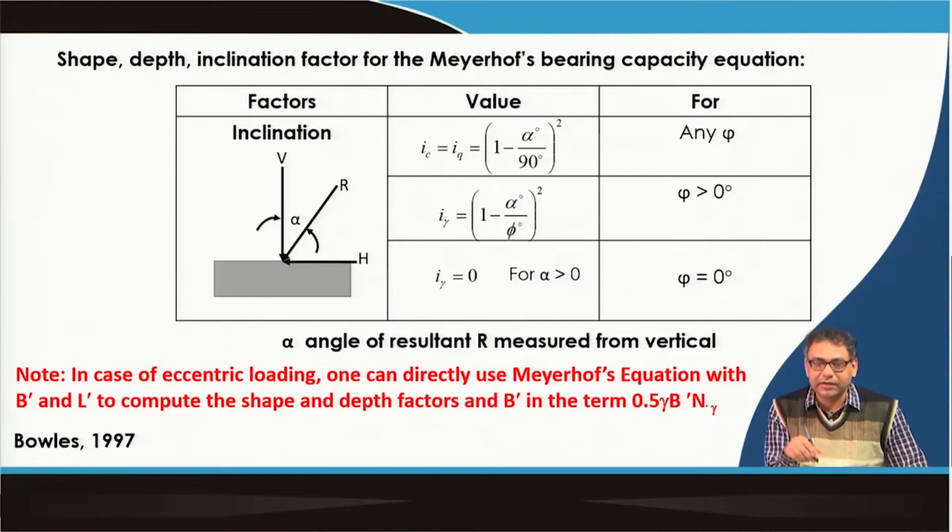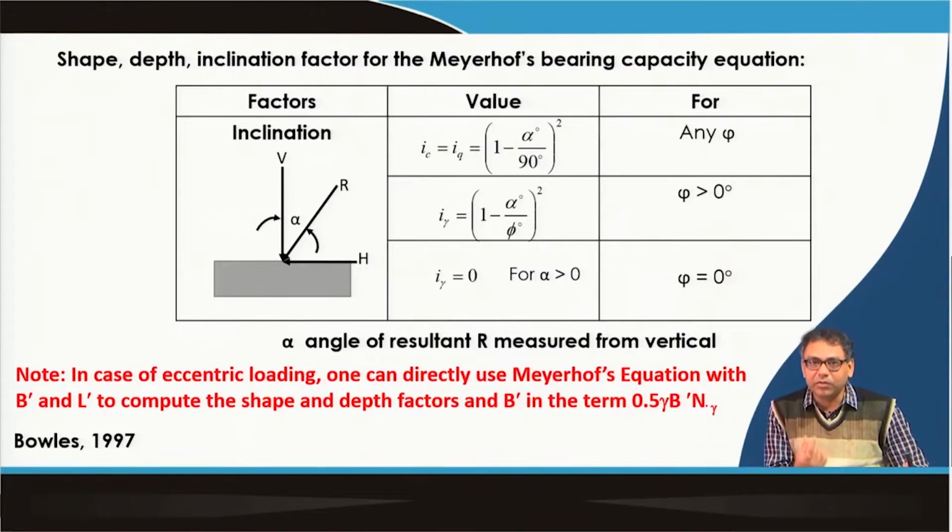But what happens due to the eccentric loading is that the loading is not acting at the center of the footing. So, loading is acting away from the center of the footing. So, the effective area of the footing is now not B into L. Because the loading is not acting at the center, our effective area will also decrease.